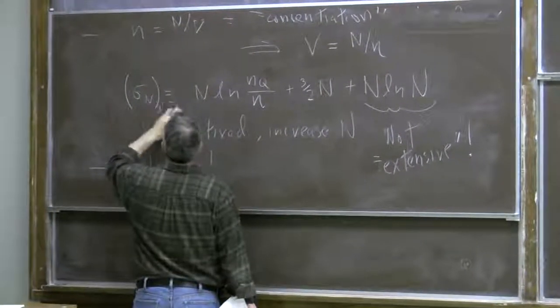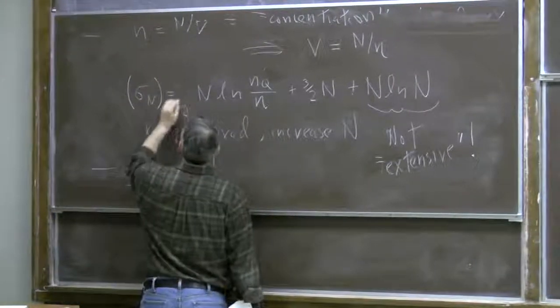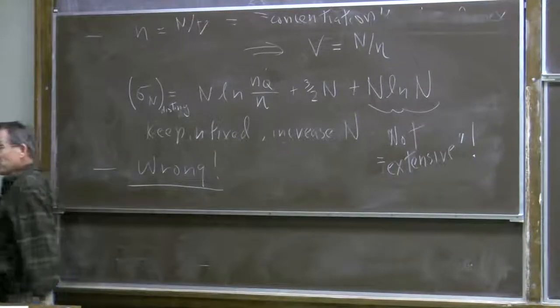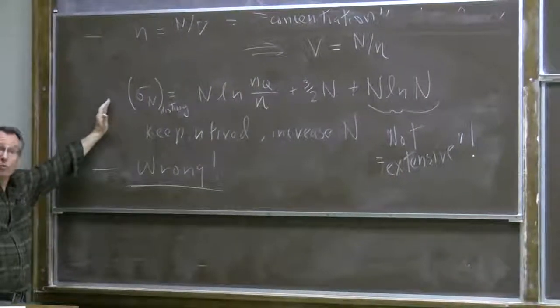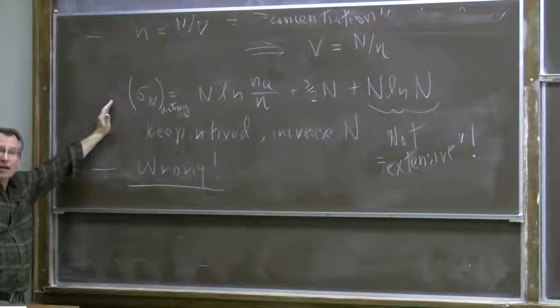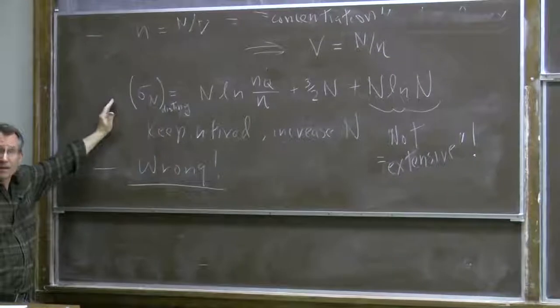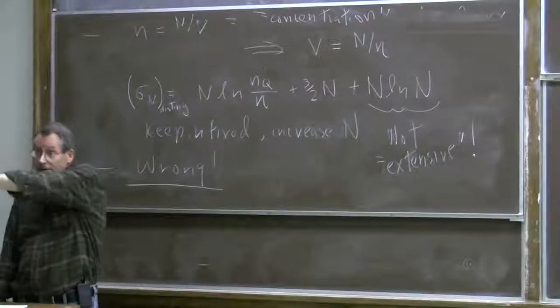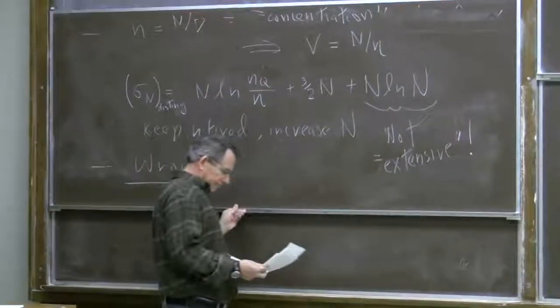I'll write "disting" because distinguishable is too many letters. This is to remind us that this is the formula for entropy that would apply if all N particles had labels and we could tell them all apart. I could say, there's Alice, Bob, Charlie, Denise. Every particle has its own name.